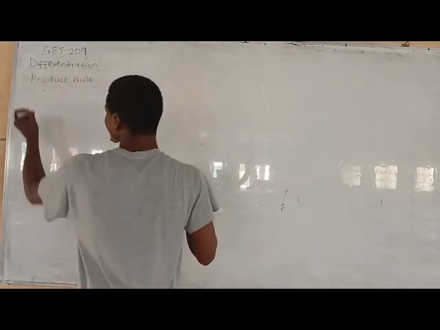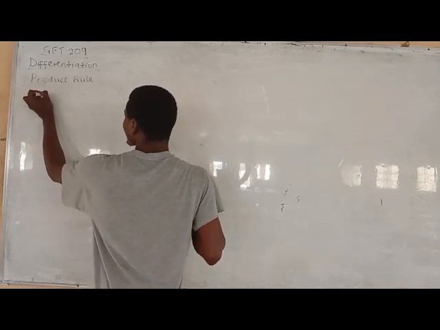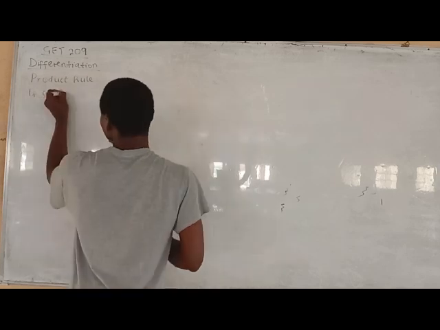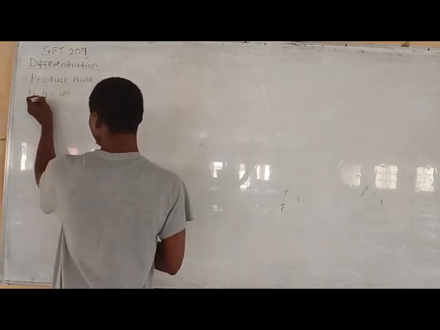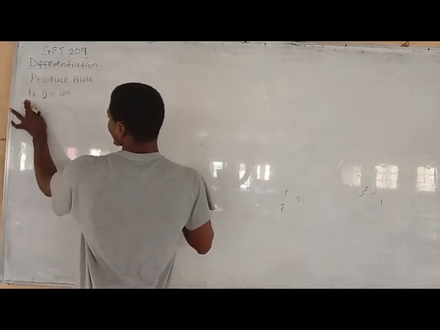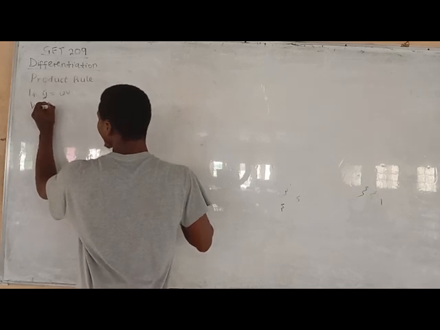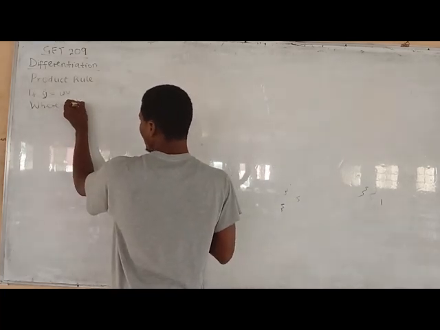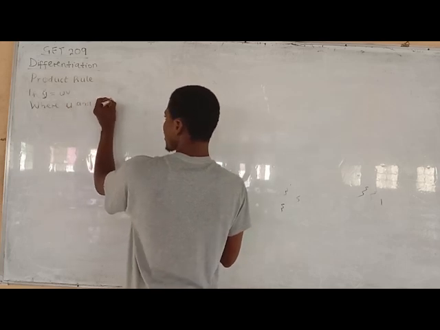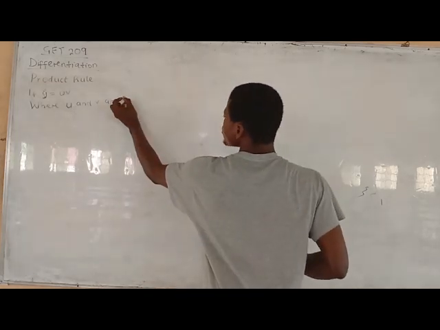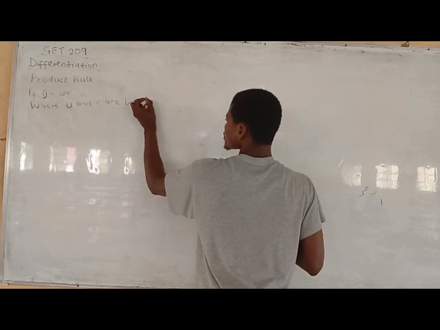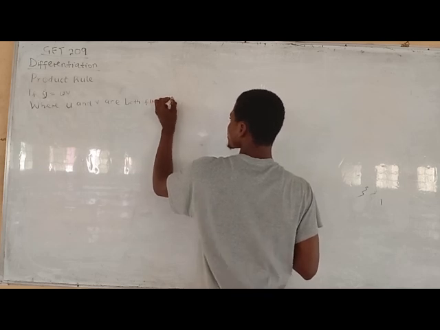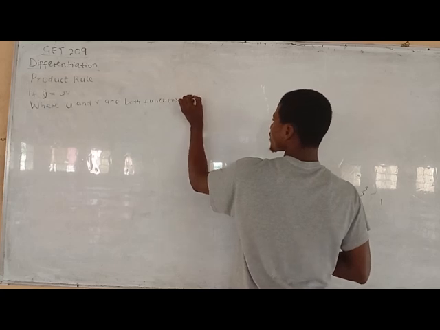So the product rule states that if y equals uv, where u and v are both functions of x.